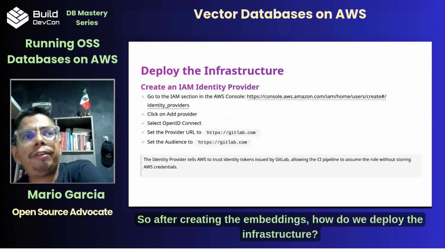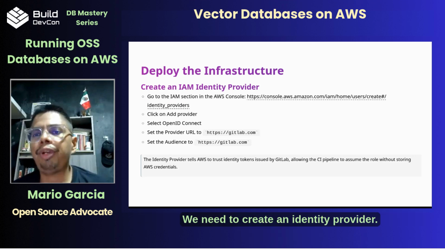So after creating the embeddings, how do we deploy the infrastructure? We need to create an identity provider.